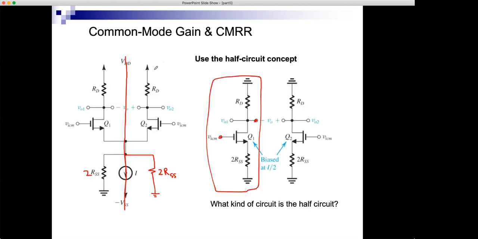Well, the reason is the non-ideality of the current source. If the current source is not ideal, it has an output resistance RSS, then I will see an output VO1, and I will see an output VO2, which is the common mode input times this, and the same appears at the two drains.